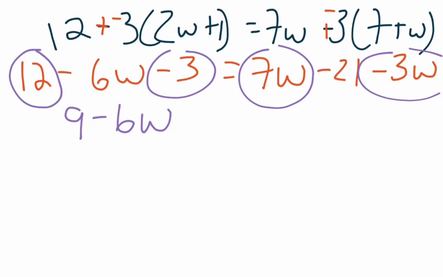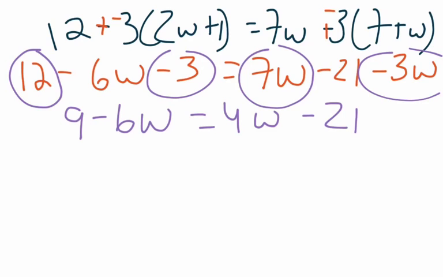And you don't have to circle, I'm just doing that for illustration purposes. 7w minus 3w is 4w, and you're going to bring down that minus 21. Anything that you're not dealing with, you are going to bring down. And every line follows from the line above it. So if somebody said, where did you get a 9 from? You would say, I got it from 12 minus 3. If somebody said, where did you get a negative 3w from? Well, I got it from negative 3 distributing through the parentheses.